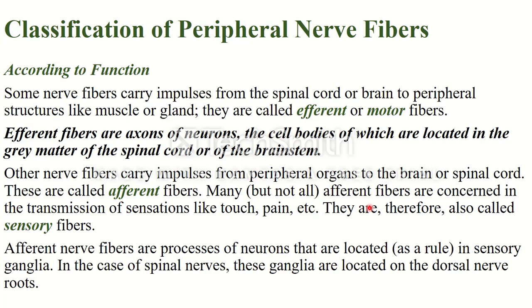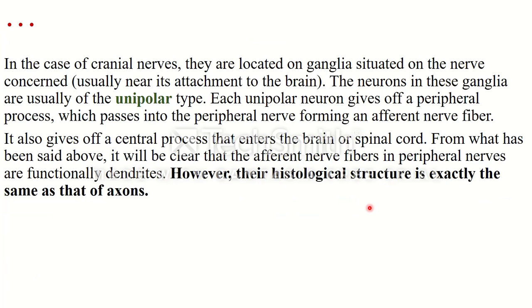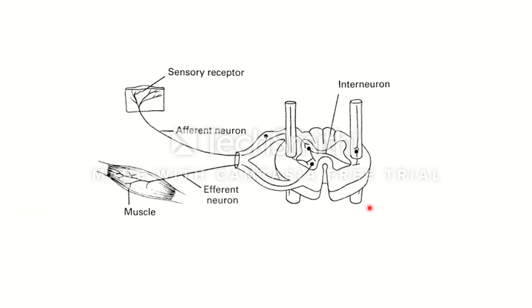Another classification is based on the function of the neurons. So the neurons that convey the electrical impulses from the periphery toward the central nervous system are called afferent neurons or sensory neurons.